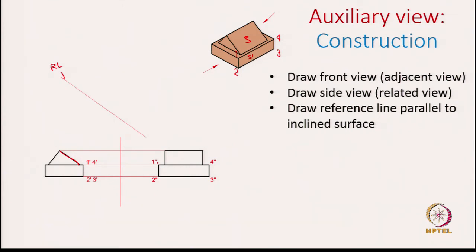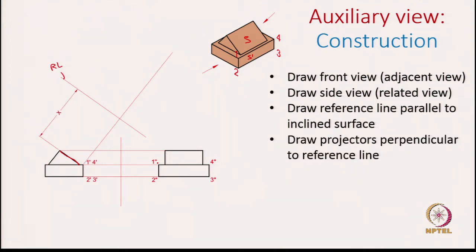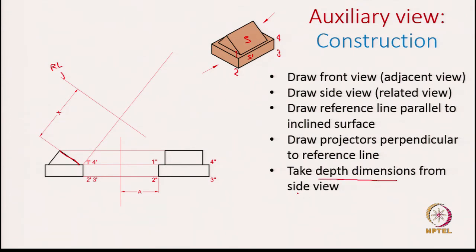After this we draw again the projectors. So, first let us focus on this projector line and then use this to help us find where points 1 and 4 are. Okay. So, as I said, we will use the related view to capture the depth. The depth dimensions are coming from the side view.